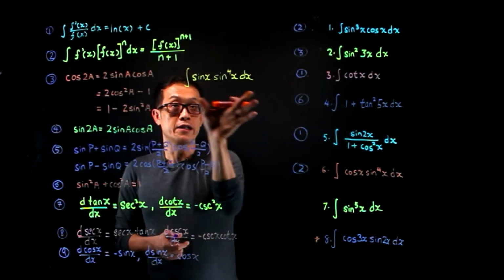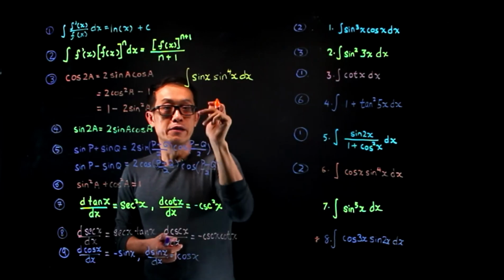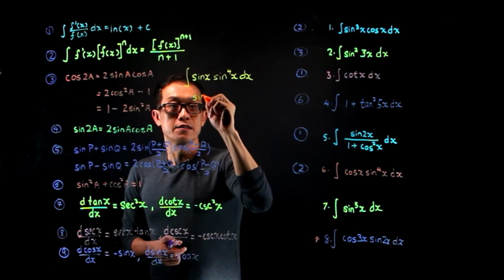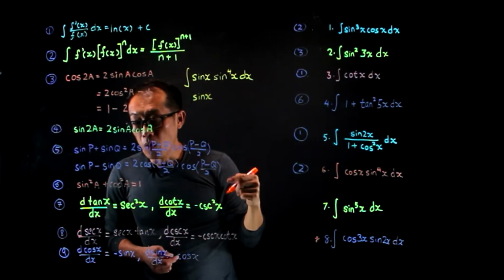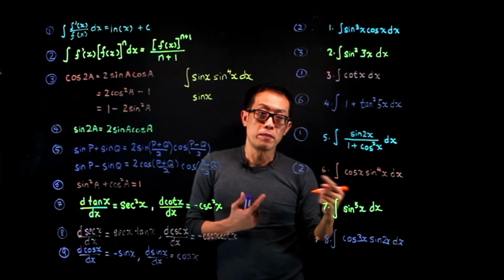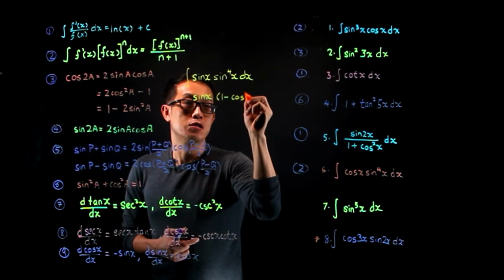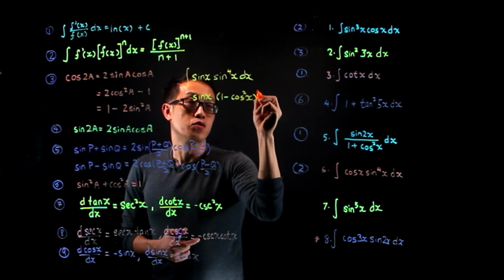Now I will not be writing the dx, I will be writing just this function here. So I have sine x. Now sine square x is 1 minus cos square x. So this is 1 minus cos square x to the power of 2.